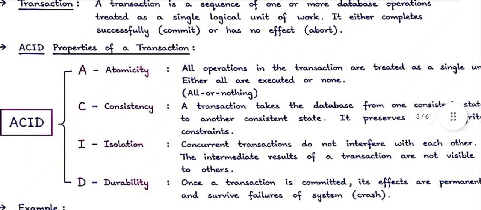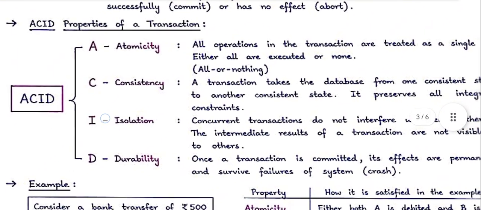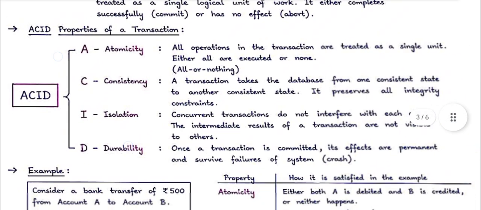Then the ACID properties, or the desirable properties of the transaction. A for atomicity. All operations in the transaction are treated as a single unit. Either all are executed or none, all or nothing.